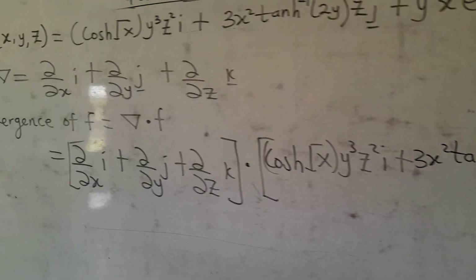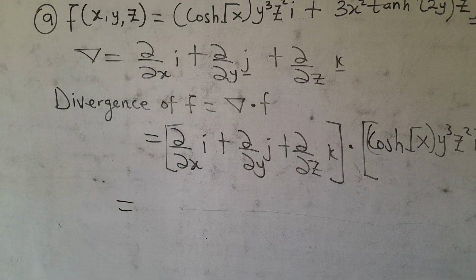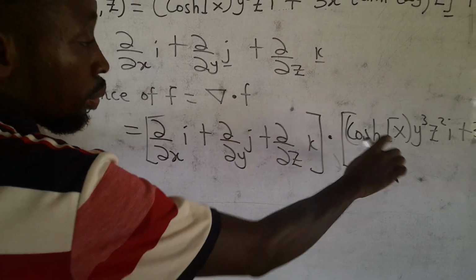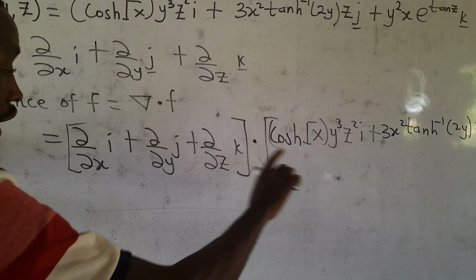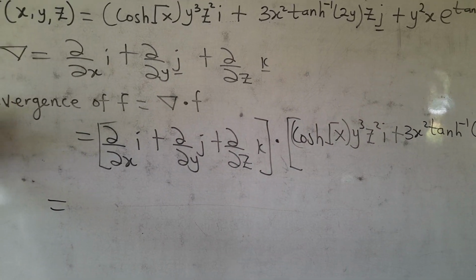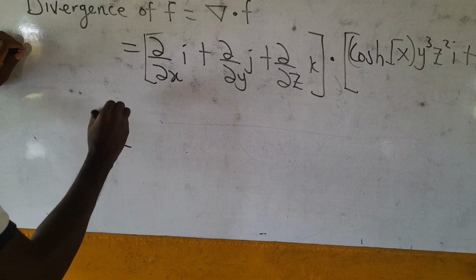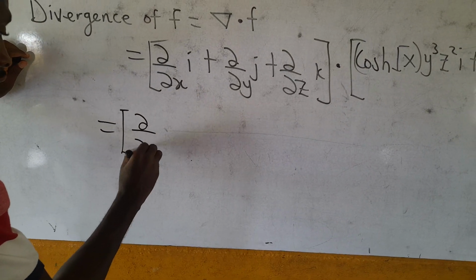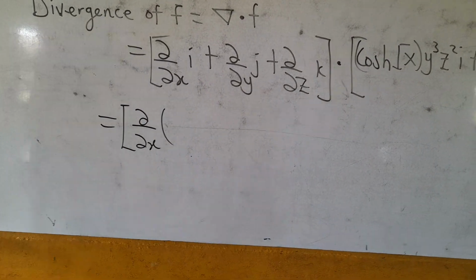Then how do we find the dot product of two vectors? This will multiply the i direction plus this multiply the j direction plus that multiply the k direction. That becomes the dot product. So we said this will be ∂/∂x, and i dot i, remember, is 1.